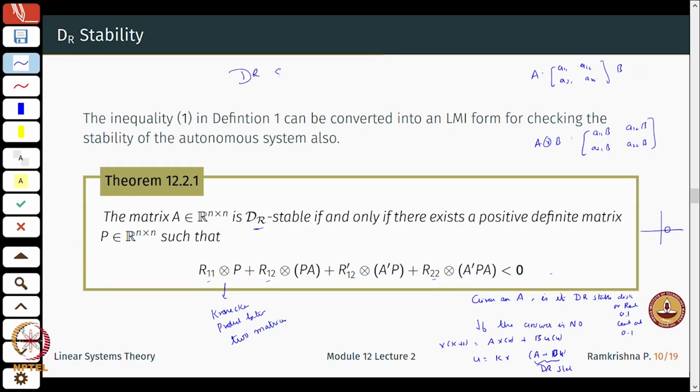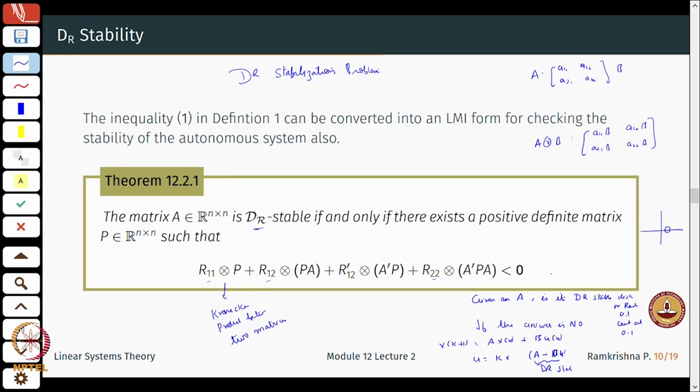These problems are called D_R stabilization problems. I will not go into the details of that. It's again an exercise similar to what we did for stabilization of discrete time systems using Schur complements and so on.